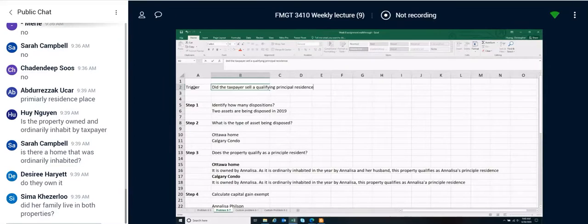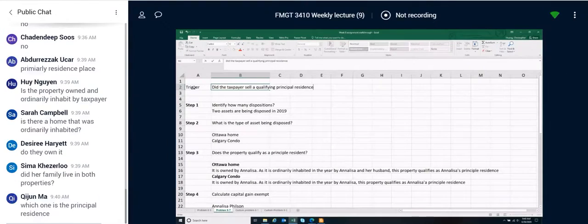So each year she lived in both properties. So what am I missing in this trigger? No, no. I'm just talking about trigger, right? We're just talking about when do you have to worry about the principal residence rules?